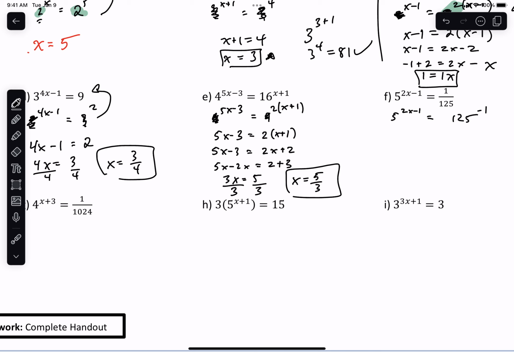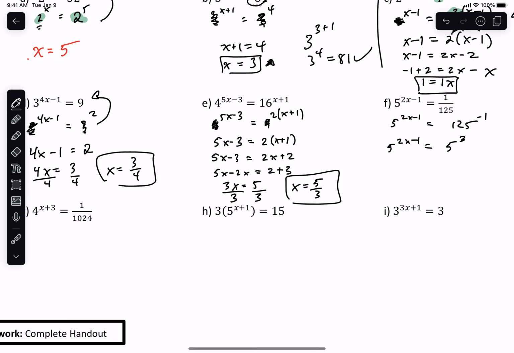Now, to Reese's point, we're in the situation of the rest of the other 5 questions we've done. I need to make the bases match. So how do I make the bases match? Well, 5 to the 2x minus 1 has to equal, I need a base of 5. 5 to what exponent gives me 125? 3. But it's 3 times negative 1.